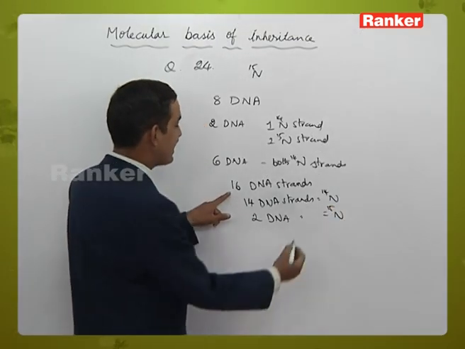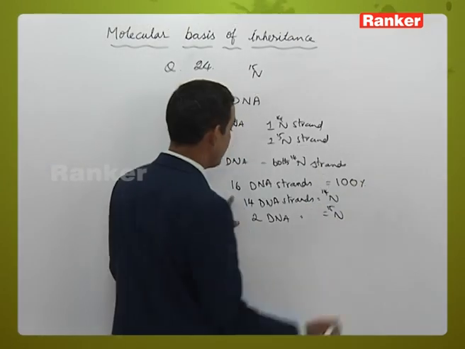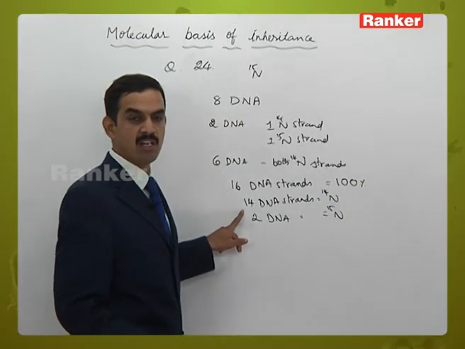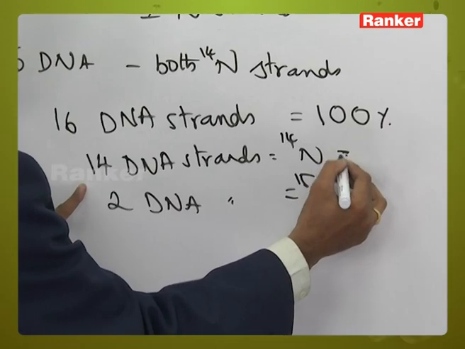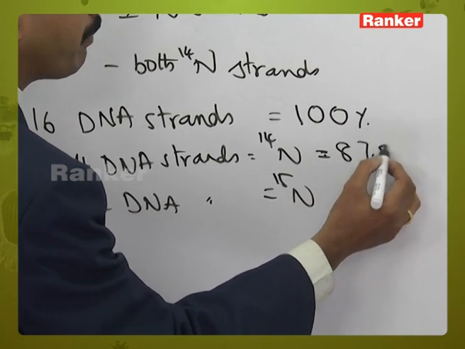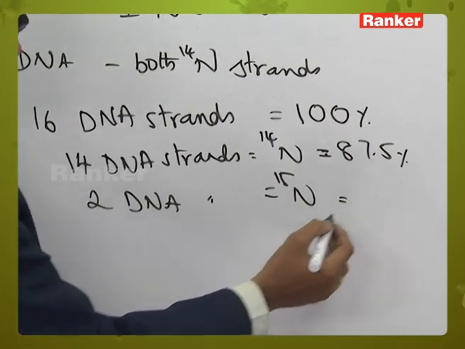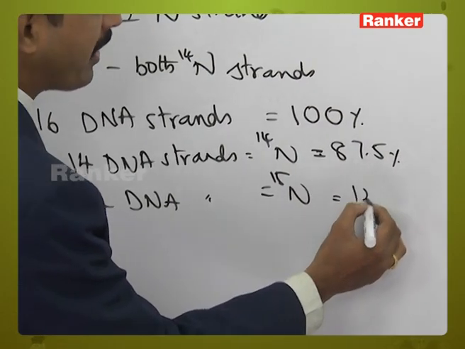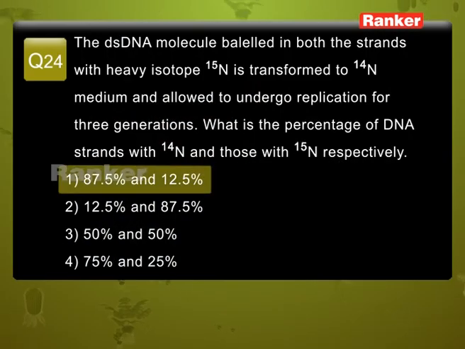If we consider these 16 strands as 100%, then the 14 strands having N14 account for 87.5%, and the 2 DNA strands having N15 account for 12.5%. So question number 24, the correct answer is 1.